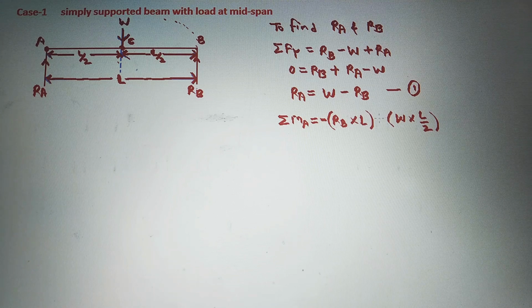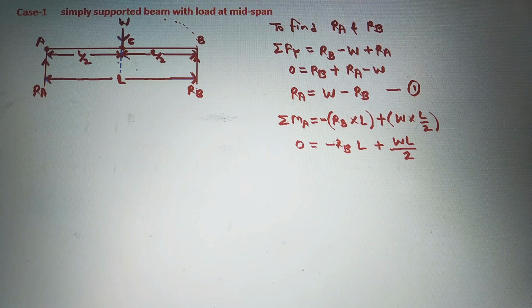Next step we will do here, by applying the condition of equilibrium, moment about point A is equal to 0. So 0 is equal to minus RB into L plus W into L by 2.